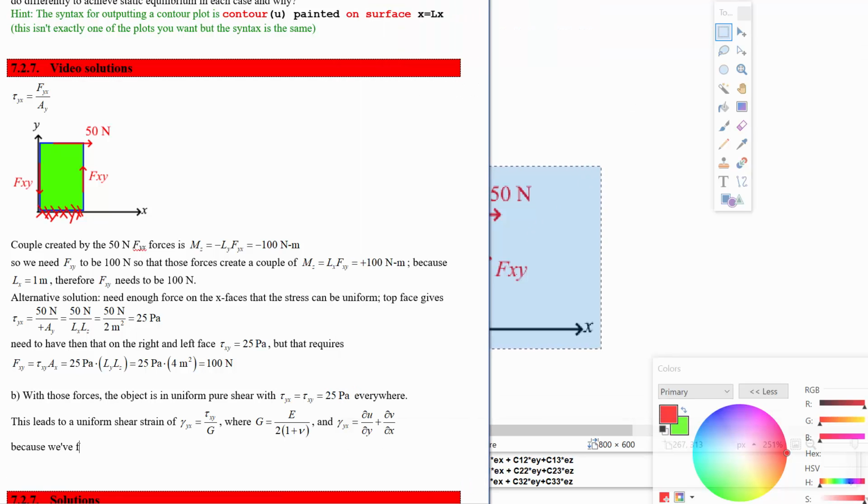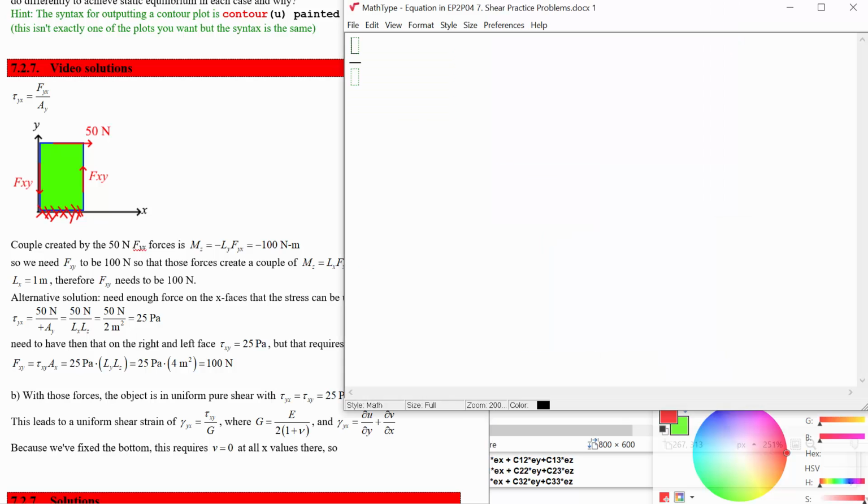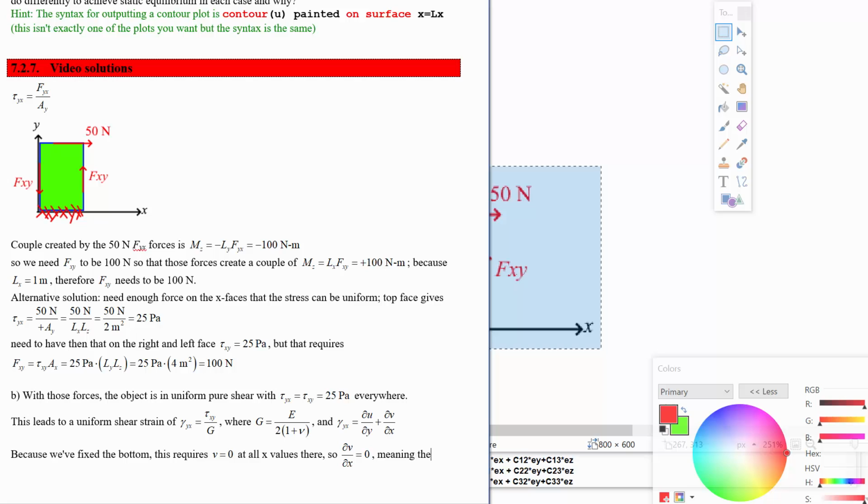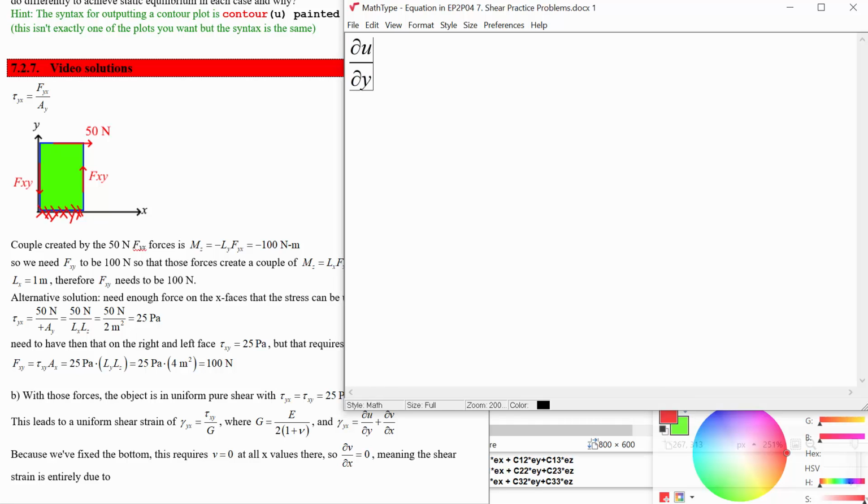Because we've fixed, just to put that in words, because we fixed the bottom, this requires V equals 0 at all x's. At all x values there. So del V by del x must be equal to 0, meaning the shear strain is entirely due to del U by del y.